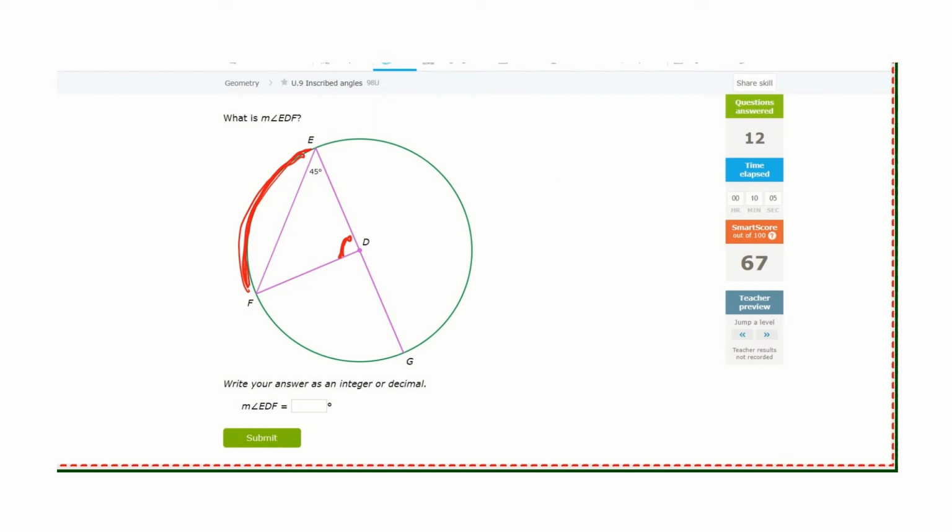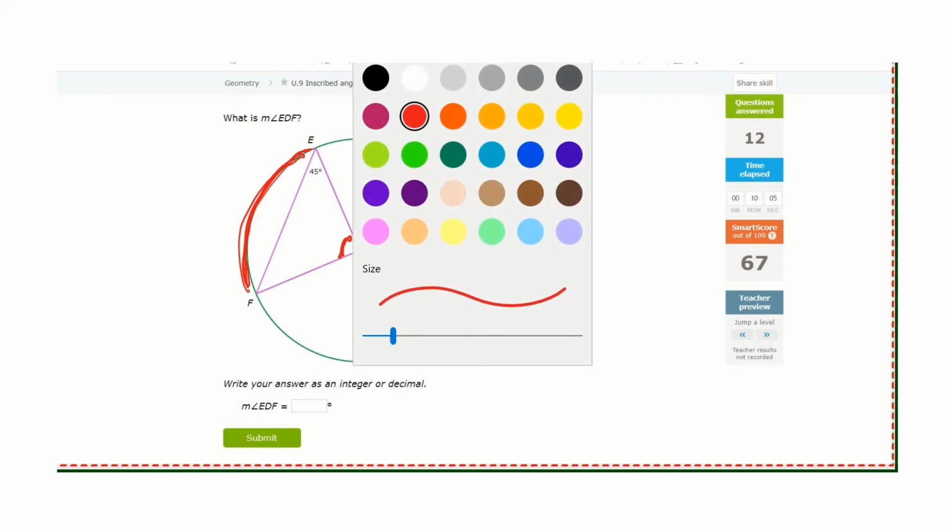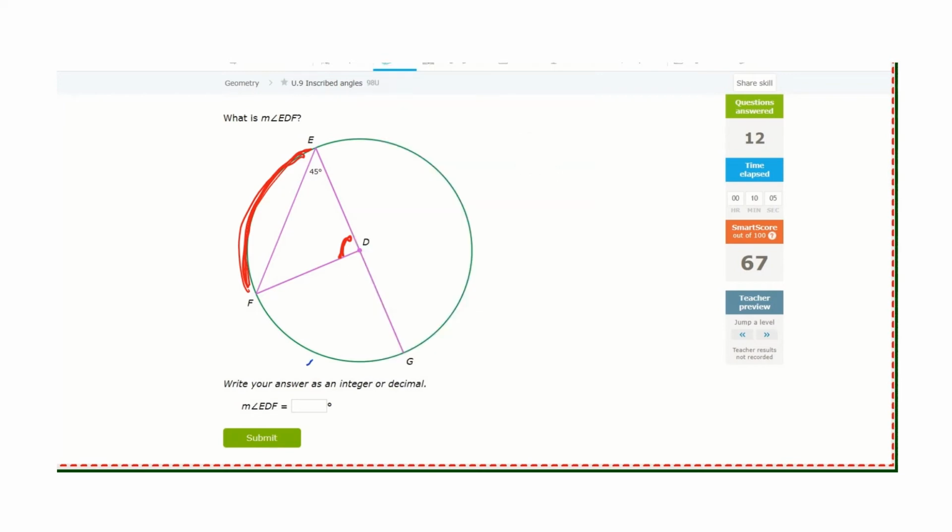Well, we have this one thing we know. If the inscribed angle over here is 45, then you know this is 90 degrees of the circle. Does that look like a quarter of the circle? Because it should. And guess what? Since that's the center, this is 180 degrees. That is a semicircle.